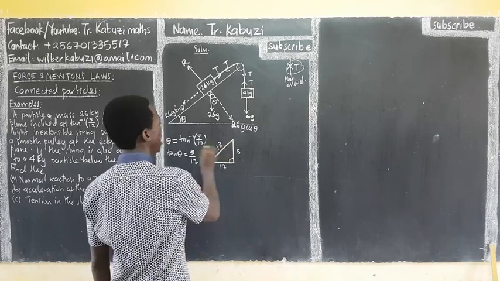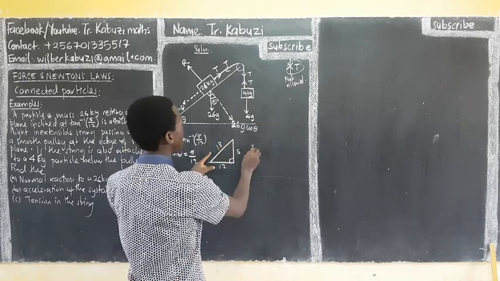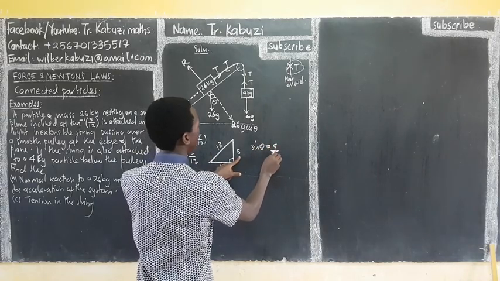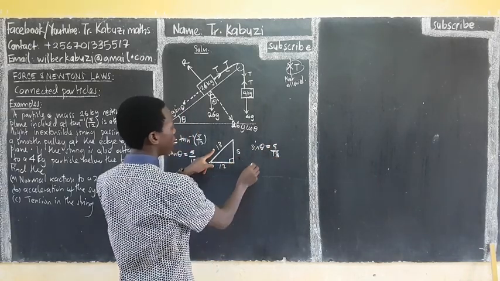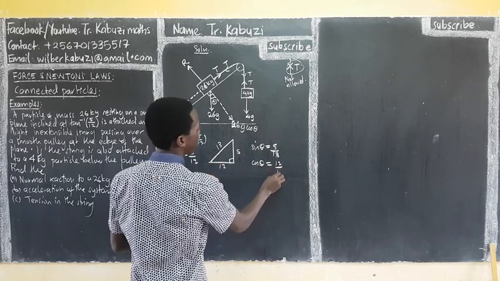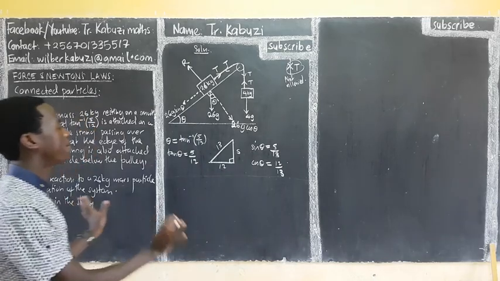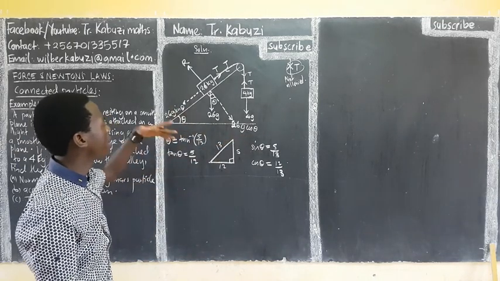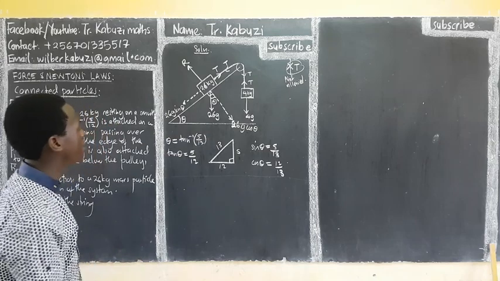That will give us 13. So from here you can see that our sine theta is going to be opposite over hypotenuse. Then our cos theta is going to be adjacent over hypotenuse. As simple as that. So now you have this, you have this, without pressing the calculator to get theta.